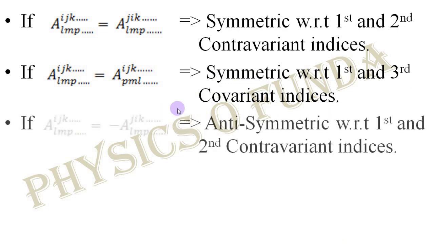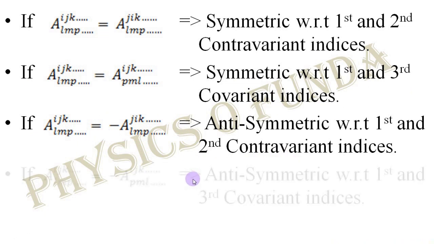Now, if we swap the first and second contravariant indices, then we get the same tensor with a negative sign. Then this type of tensor is called antisymmetric with respect to first and second contravariant indices.